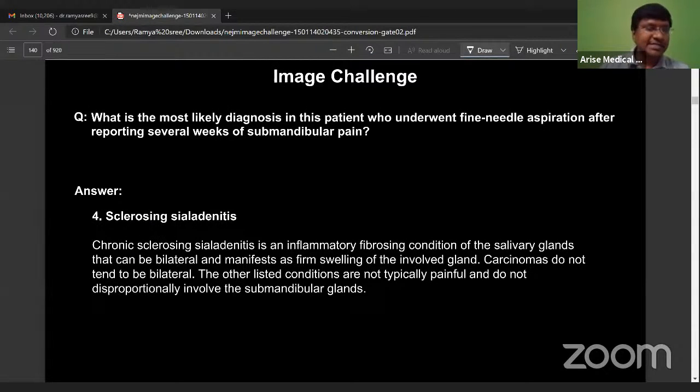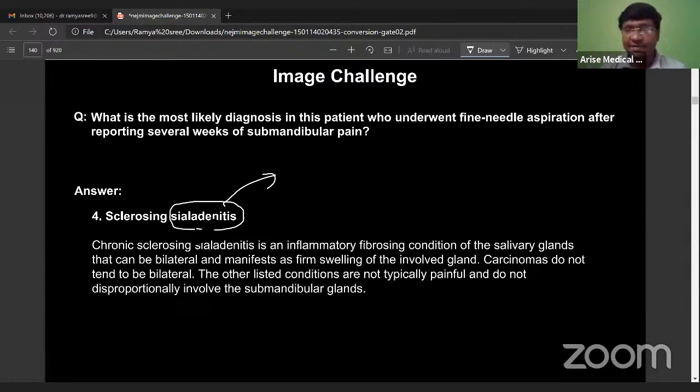Now, what is this sclerosing sialadenitis? The word itself tells you: sialadenitis is an inflammation of the salivary glands. Sclerosing means it's an inflammatory fibrosing lesion.